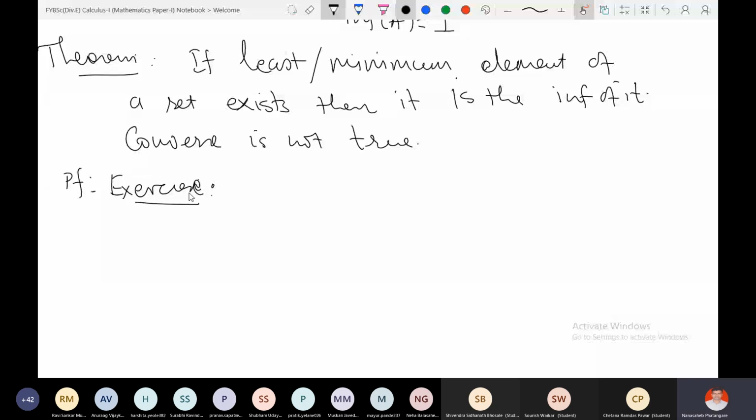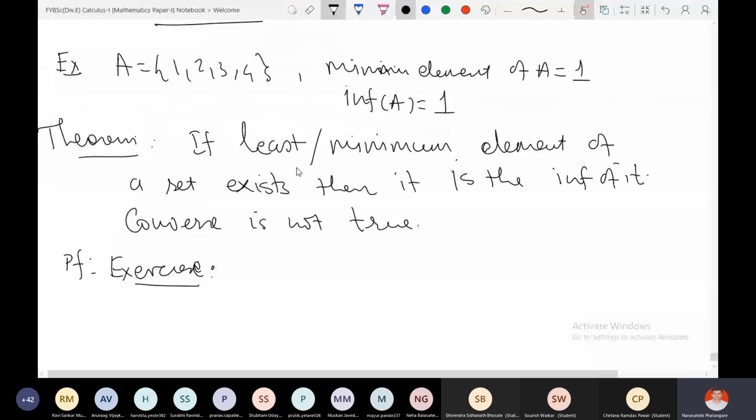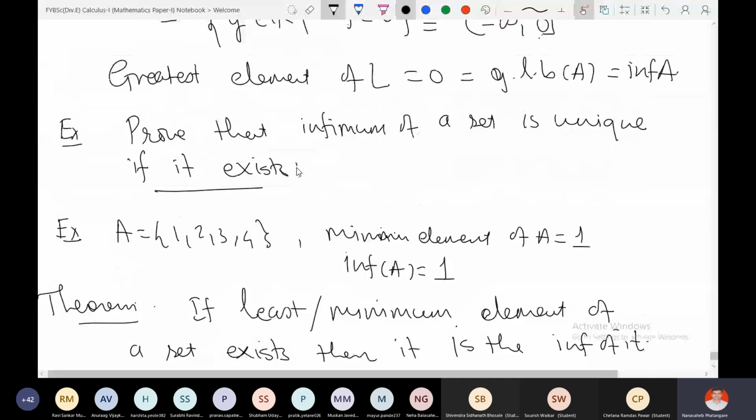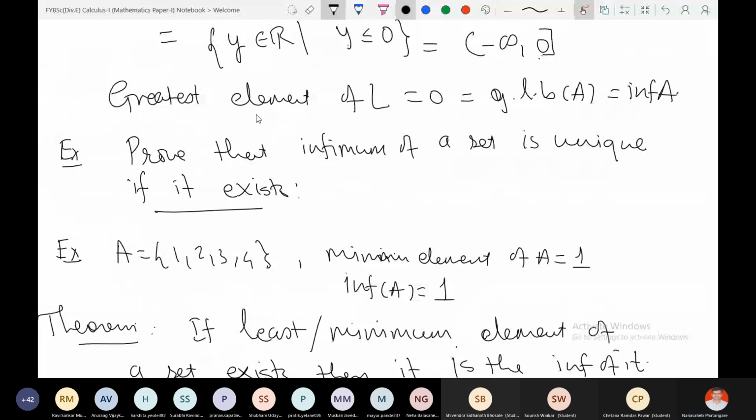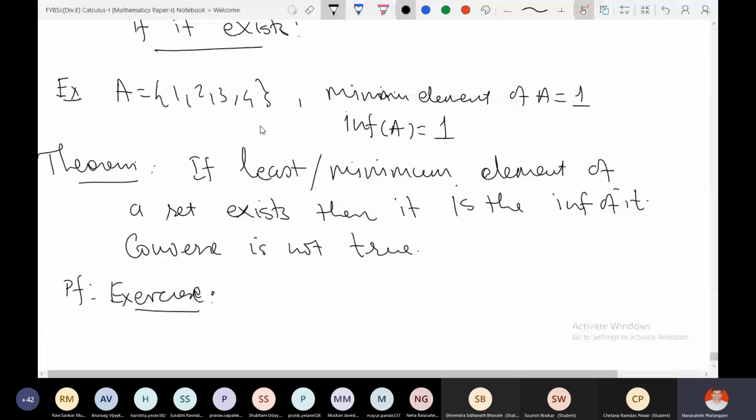Then only you can understand this idea. You should write down each and everything, rather than just observing it. That is not the right way to learn mathematics. You have to apply these definitions and think over them. That will be helpful to you.